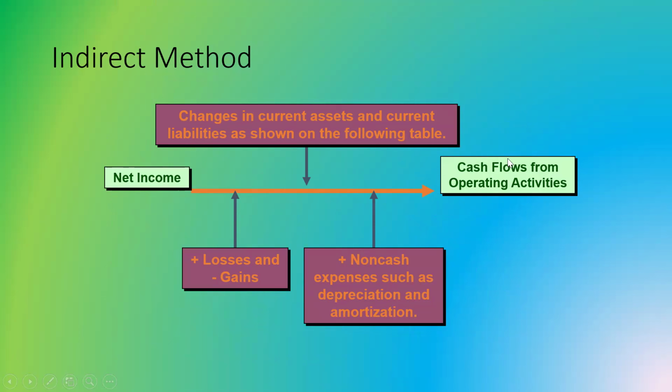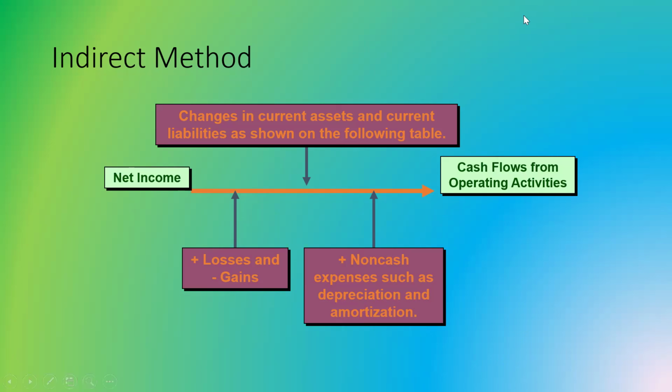Then we get cash flows from operating activities. As I have discussed, it is widely used because it is simple as compared to the direct method, it directly links the income statement and balance sheet, and it also provides insight into how non-cash items and changes in working capital affect the cash flows.